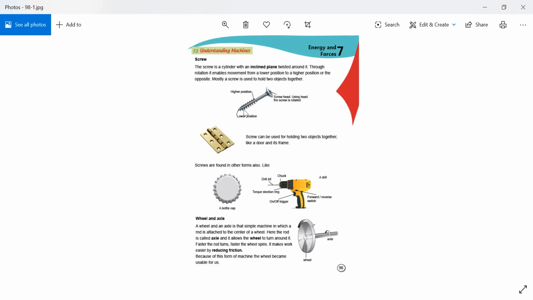We twist it into any object, and when it rotates, it enables the movement from a lower position to a higher position. If we want to fix something in the wall, in the cupboard, or in any furniture item, we need a screw to place it from the lower position to the higher position.